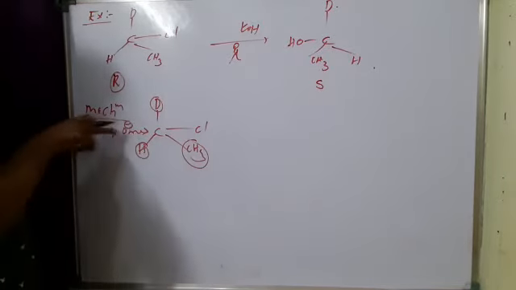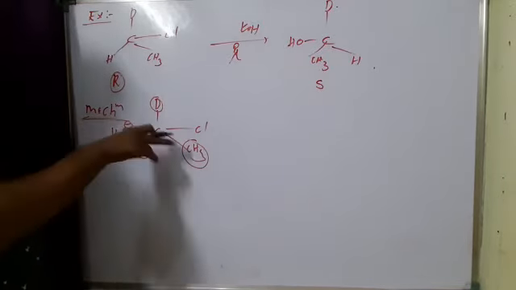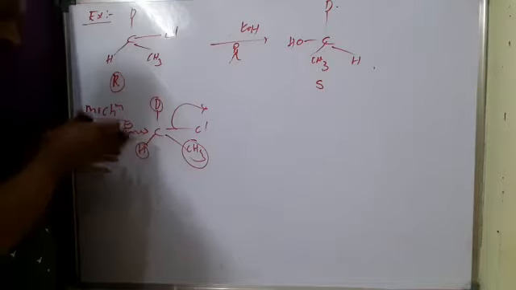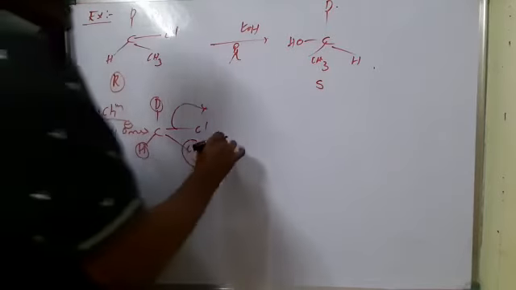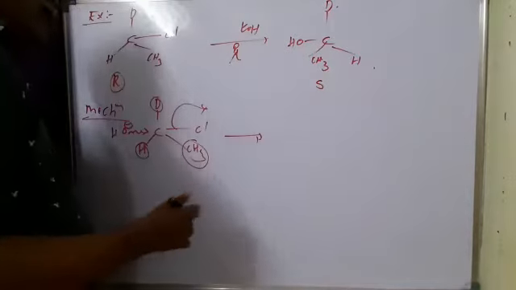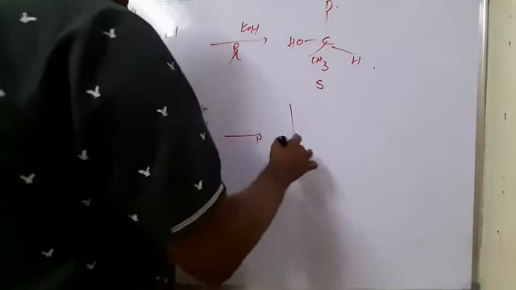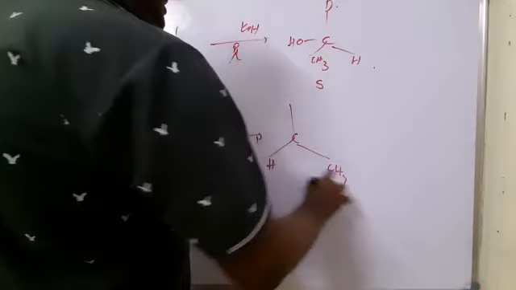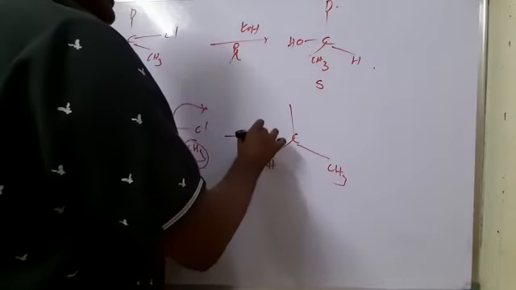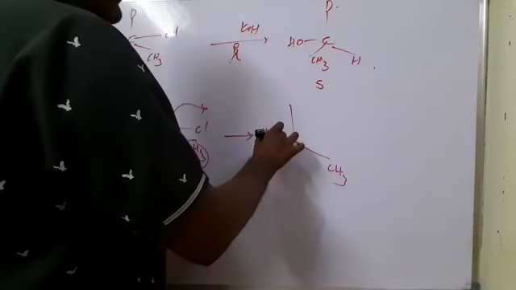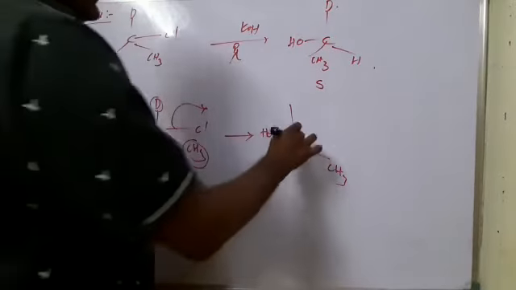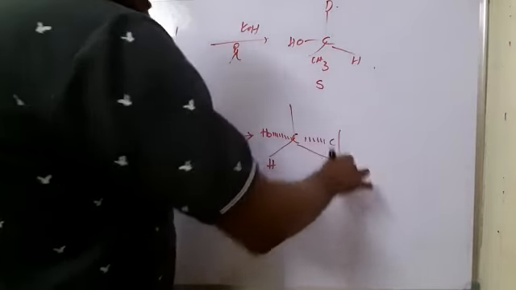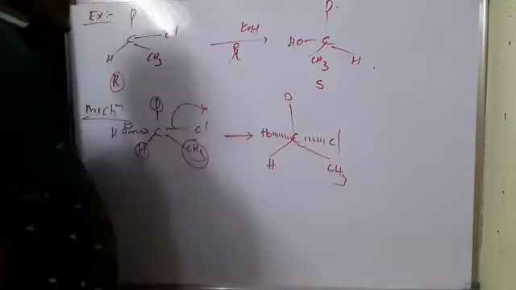So that's why OH attacks from the back side easily before chlorine is eliminated. That means at a time chlorine elimination and OH attacking both take place. So we take an imaginary transition state, in which a bond forms between OH and carbon, and bond breaking between carbon and chlorine occurs.